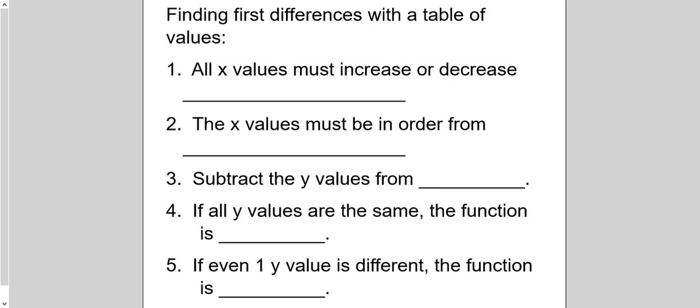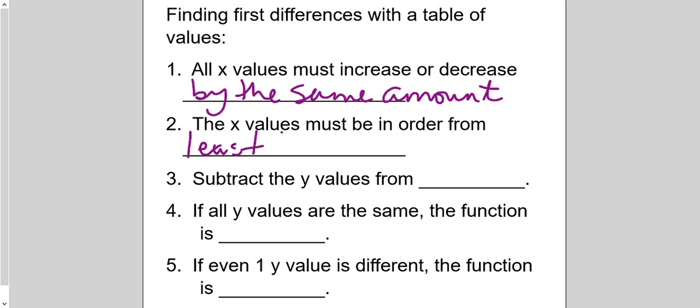Okay, so just to conclude here, a couple of notes that you may want to copy down. All x values must increase or decrease by the same amount. We need to make sure that it's either going up by the same or down by the same. It has to be that pattern. Our x values need to be in the form of least to greatest.